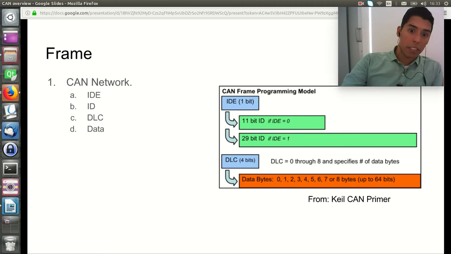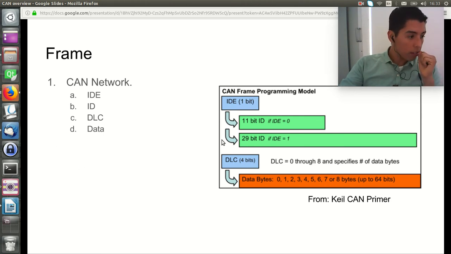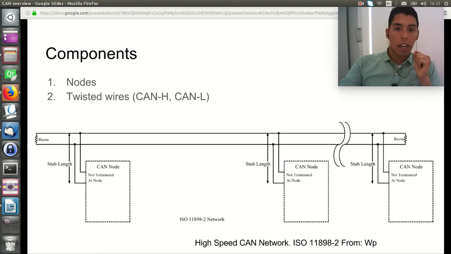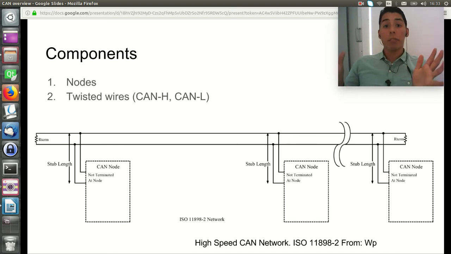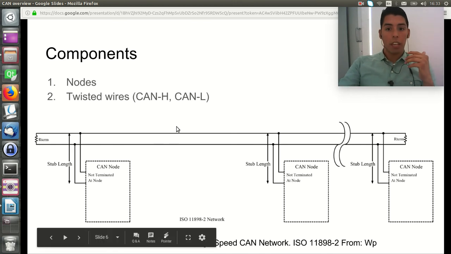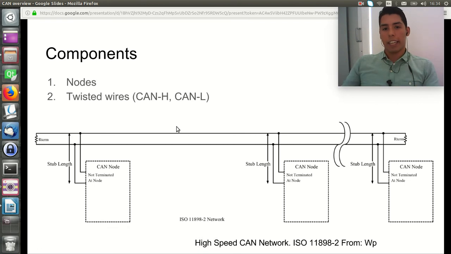We have components, and they start with the ECU. CAN is a multi-master serial bus for connecting electronic control units. The ECU can be displayed as a node, and 2 nodes are required on the CAN network to communicate.